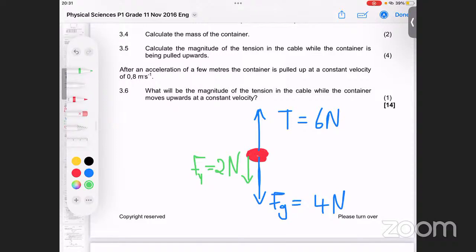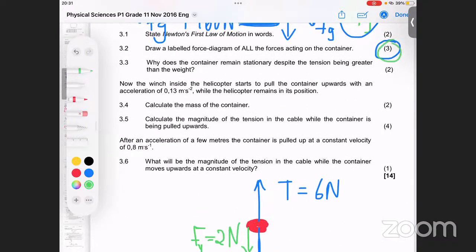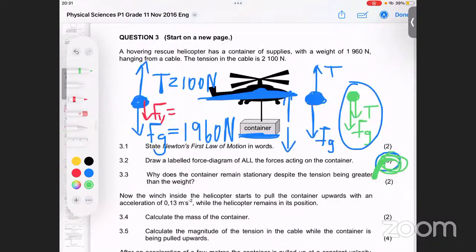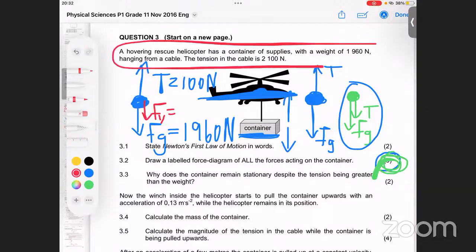So that's why this question is allocated 3 marks. You don't just look at that and conclude it's the tension and Fg, but indirectly, the examiner is trying to tell you something by giving you those two different values. Does it make sense, honorable members?